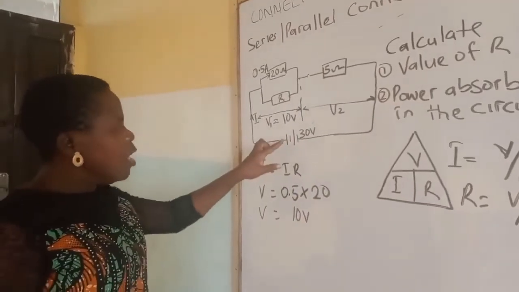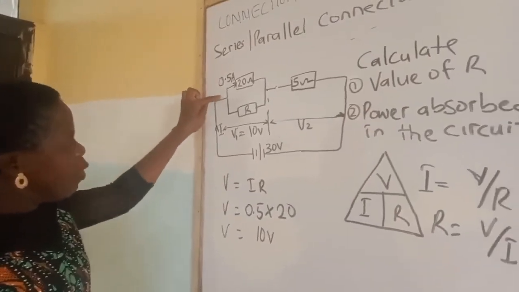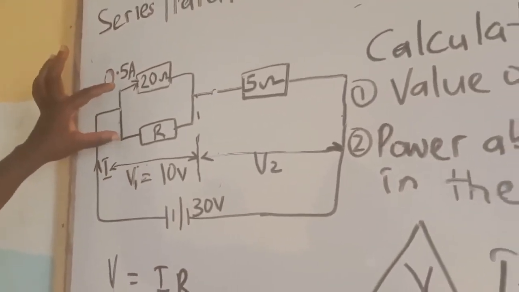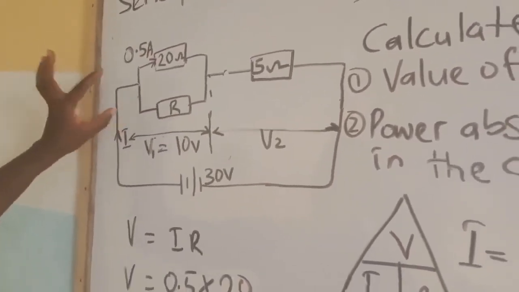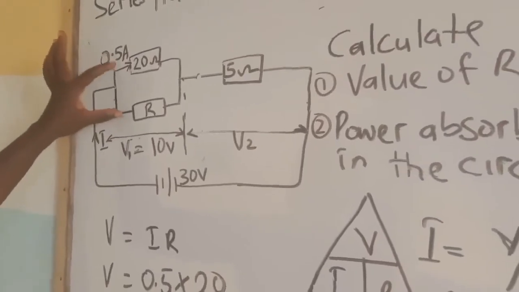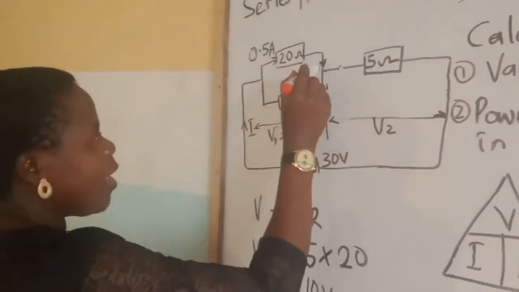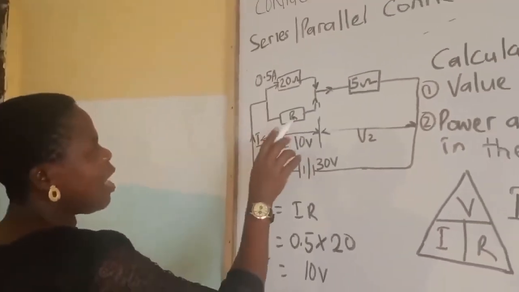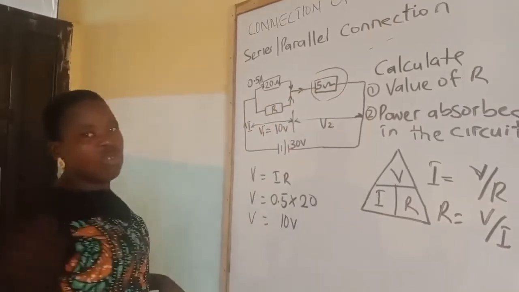Let's look at it this way. This voltage is applied, current is flowing. The current flows this way, we don't know the value yet. It shares. We already know this one, but we don't know the value yet. But technically, we know that when this current is shared here, it will be equal to coming here, then going here. Which means the total value of the current here is what we have across this 5 ohms resistor.